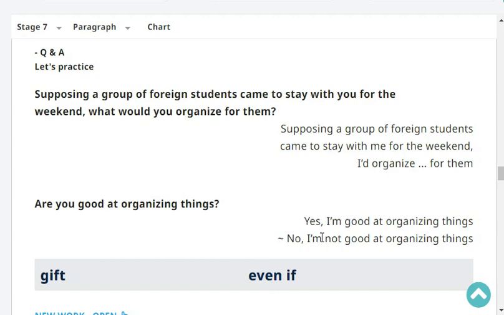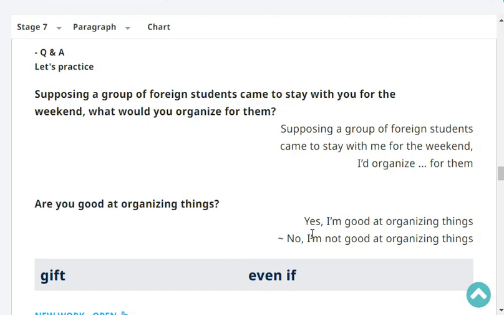Supposing a group of foreign students came to stay with me for the weekend, I'd organize a sushi party for them. Very good. Count me in. Okay, next. Are you good at organizing things? No, I'm not good at organizing things.